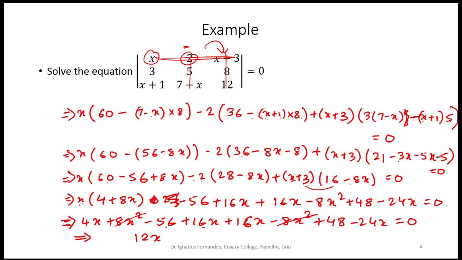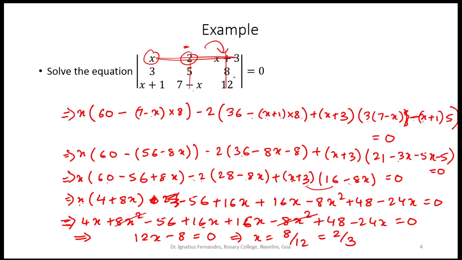I have minus 56 and plus 48, that is minus 8, so 12x minus 8 is equal to 0, and this will give me the value of x. So x will be equal to 8 upon 12, that is 2 upon 3. Okay, so I have solved this equation, and the value of x is equal to 2 upon 3.